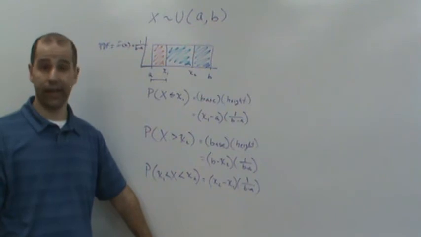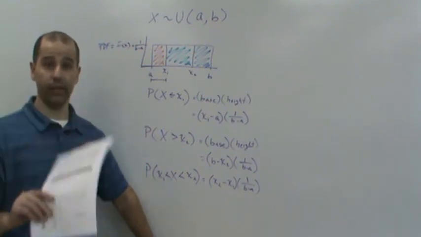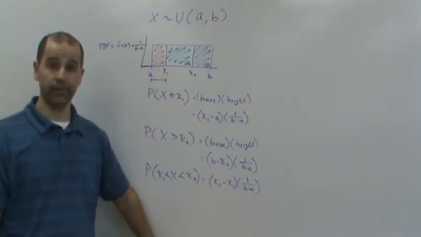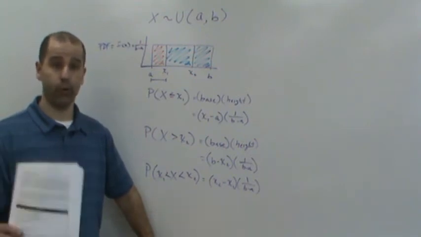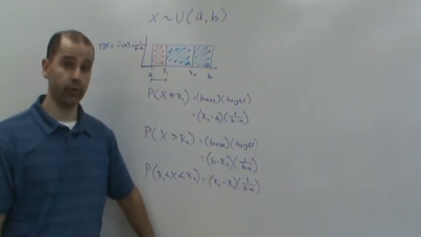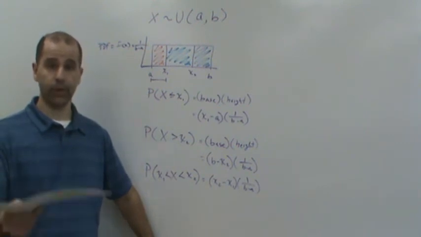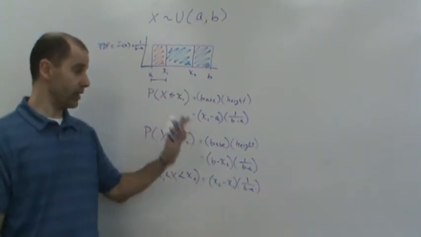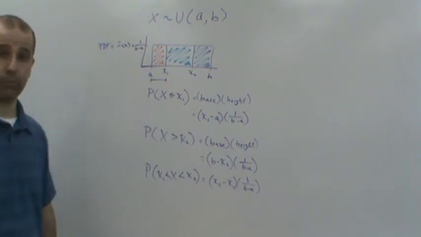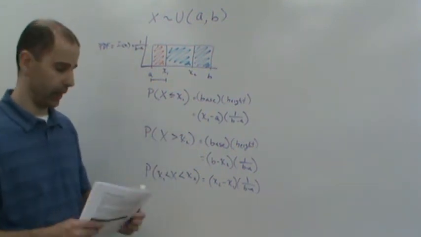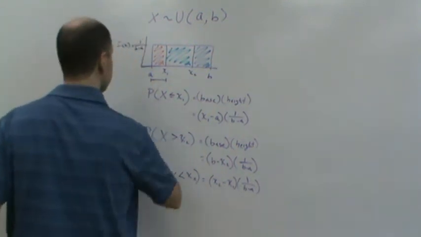The only thing you have to remember is the formula for the variance. If you remember the formula for variance for a uniform distribution, you can figure out everything else, especially standard deviation. The rest of this you can figure out just by thinking about it. Okay, so let's do an example.